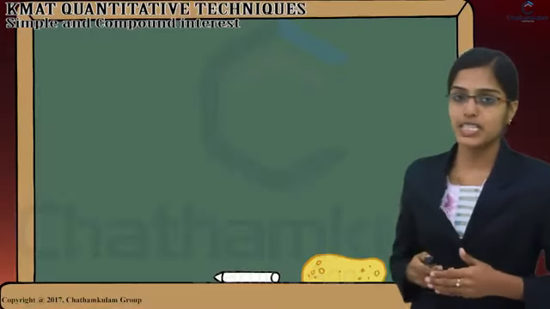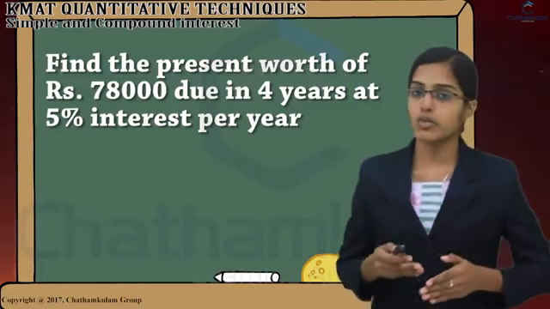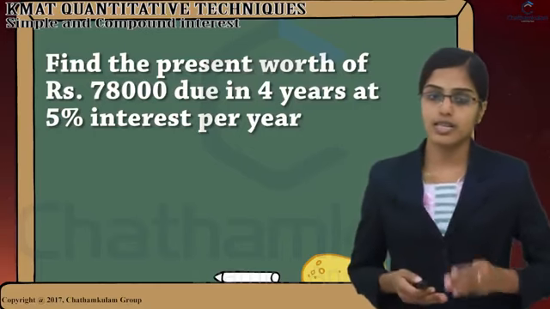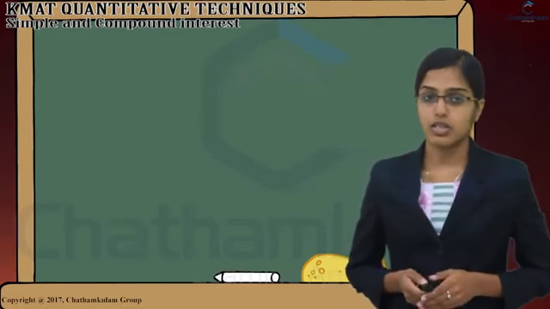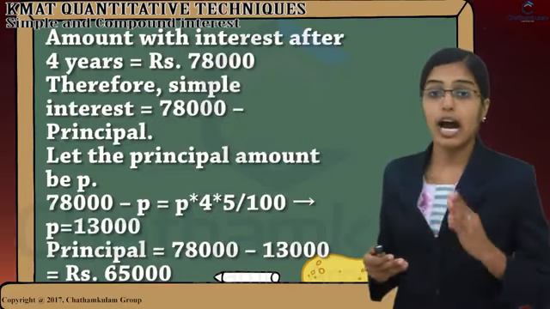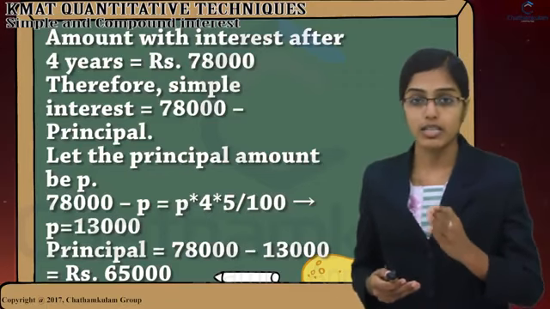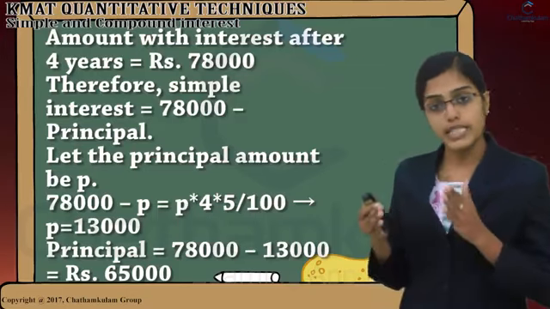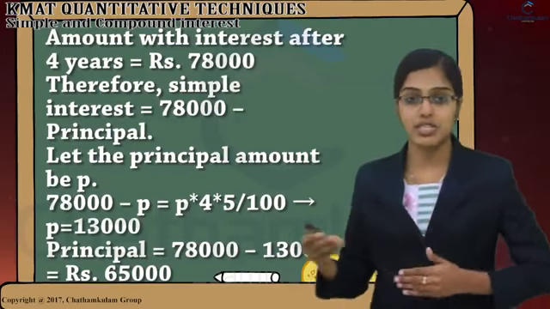Our next question is that find the present worth of rupees 78,000 due in 4 years at 5% interest per year. So amount with interest after 4 years is equal to rupees 78,000. Therefore, simple interest is equal to 78,000 minus principal.